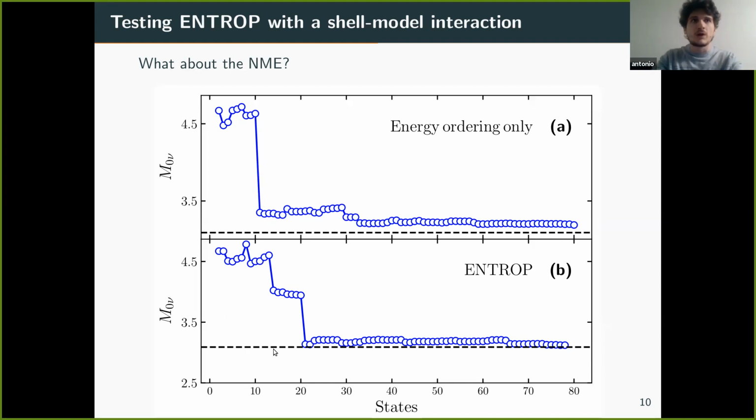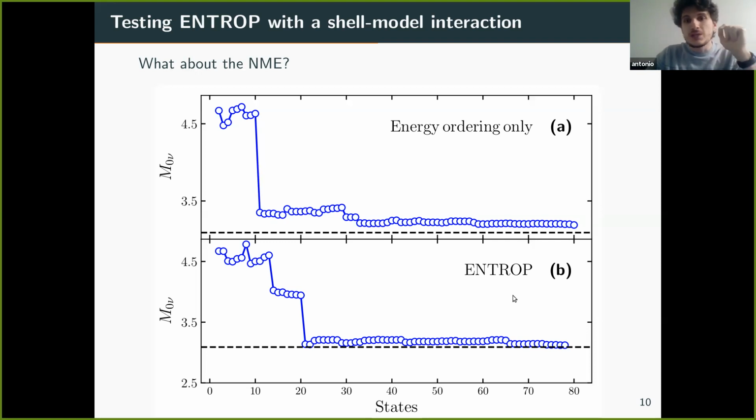So in total, it would be around 360 states. But we only need around 80 states in order to get the full result, with a huge plateau here, with huge convergence here, which tells us that this is the actual good value. It's already reached the actual value.